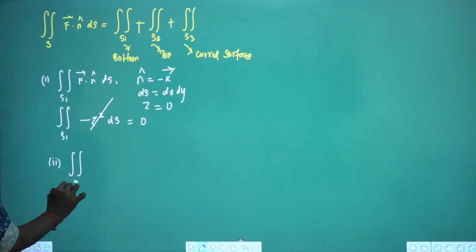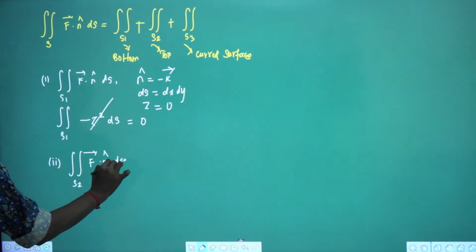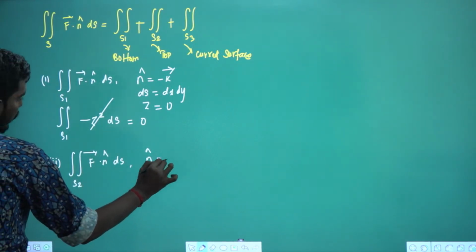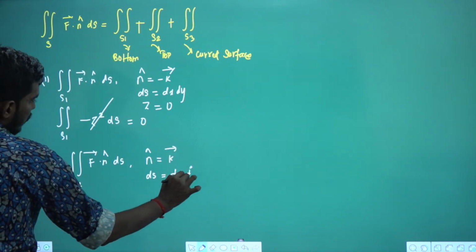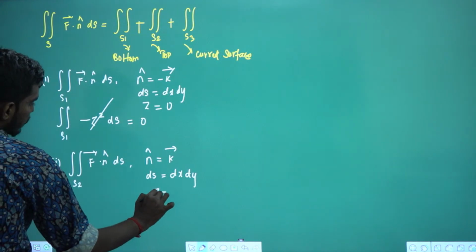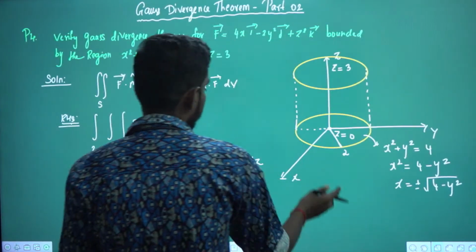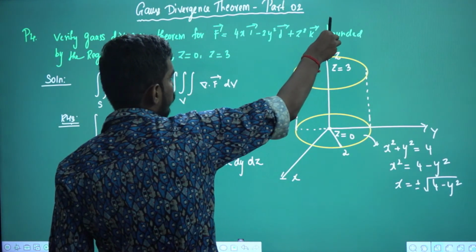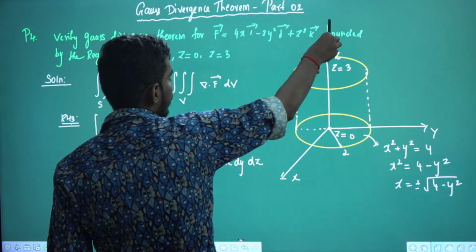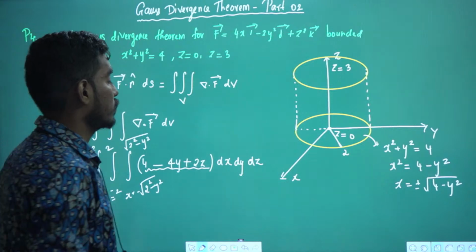Now you will find integration over S2 of f vector dot n cap ds. Here your n cap will be k vector, your ds is dx dy and your z is 3 here, right? For the upper surface, this is your unit normal n cap, which is the same as k vector because it is parallel to the z axis.